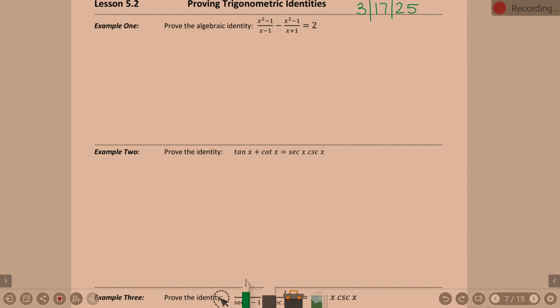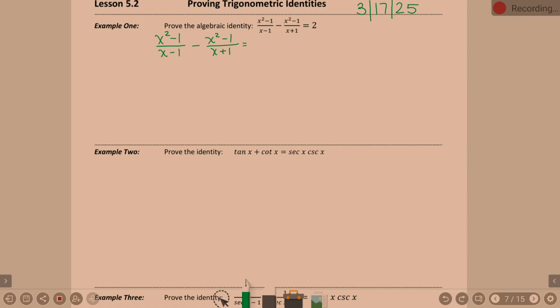Okay? So, when I talk about this first algebraic identity, the idea here is I tend to just start with the left. We're going to start with x squared minus 1 over x minus 1 minus x squared minus 1 over x plus 1.